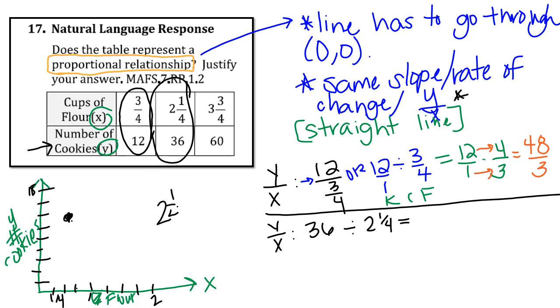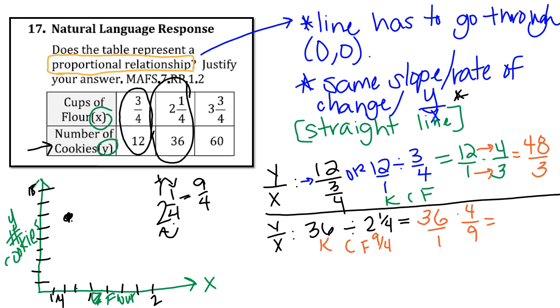So 2 1/4 is the same thing as 2 times 4, which is 8, plus 1, which is 9, so 9/4. So this is the same thing as 9 over 4. So now I'm going to do keep, change, and flip. So I'm going to keep my 36. I'm going to change my sign from a division to a multiplication. And then I'm going to flip my 9 over 4 to become 4 over 9. I'm going to put my 36 over 1, and then we're multiplying across.